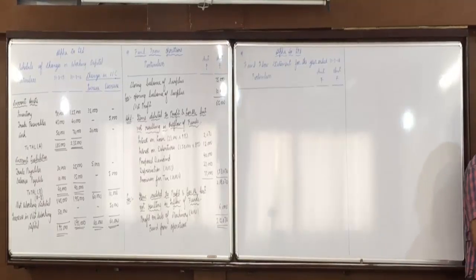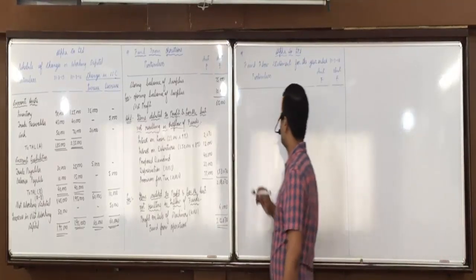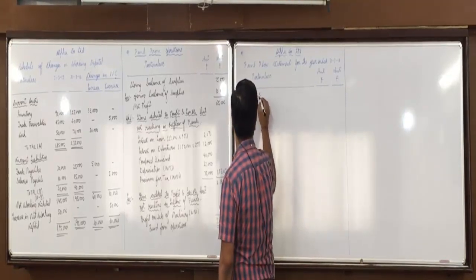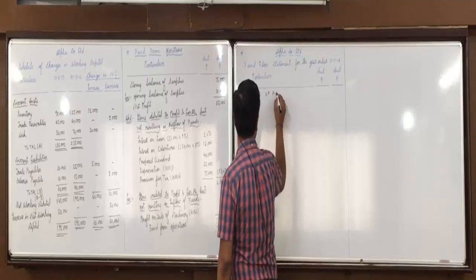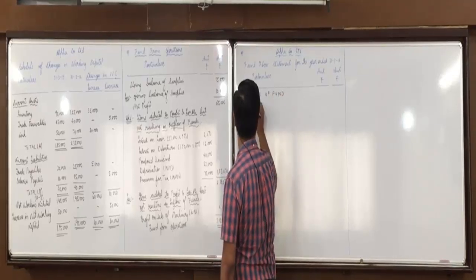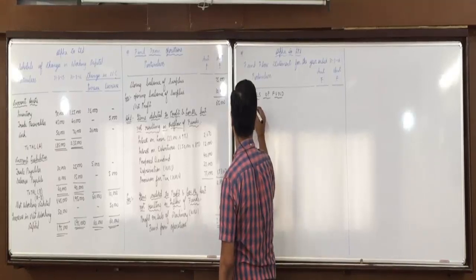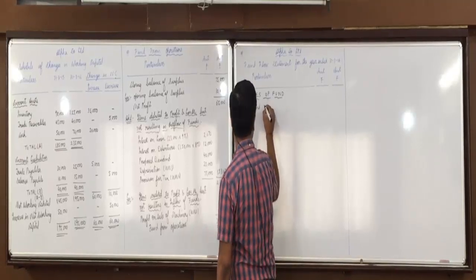The fund flow statement first will show sources of fund. Very first we'll start with fund from operations, 2,12,070.